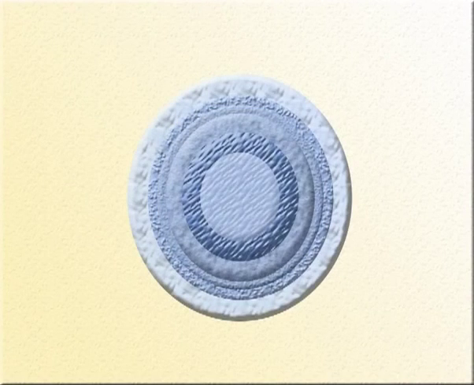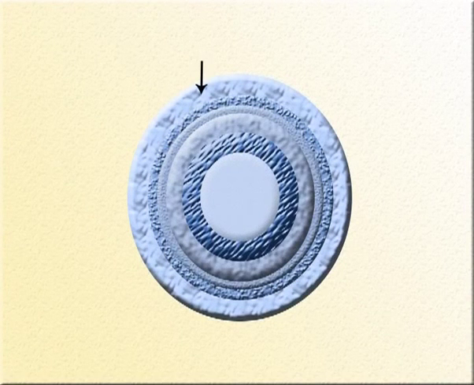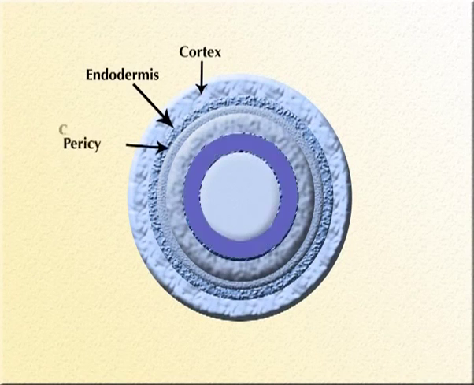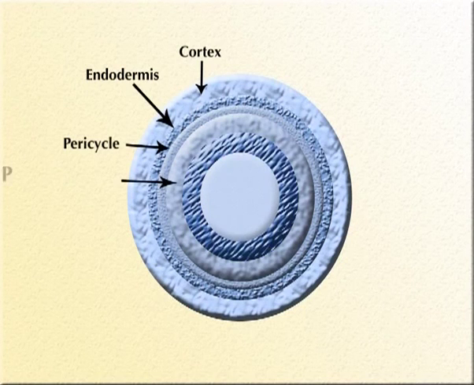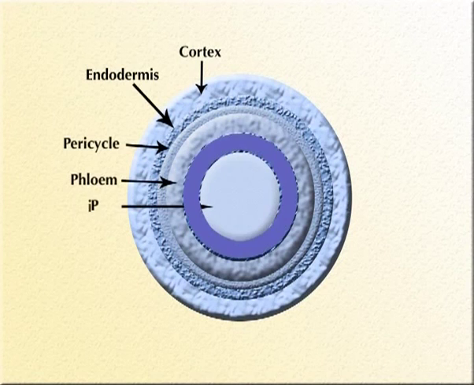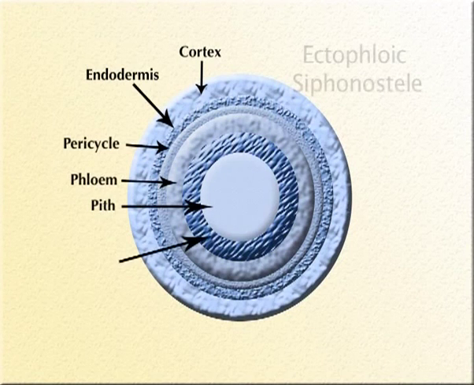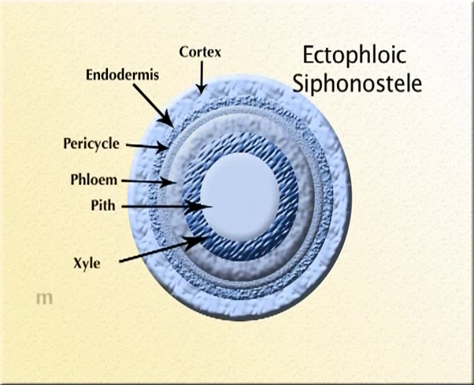Elaboration of siphonostele also followed two courses of evolution. The appearance of pith resulted in the formation of a stele consisting of a central pith surrounded by a complete ring of xylem, which in turn was surrounded by a complete ring of outer phloem, pericycle, and endodermis. Such a stele was named ectophloic siphonostele.